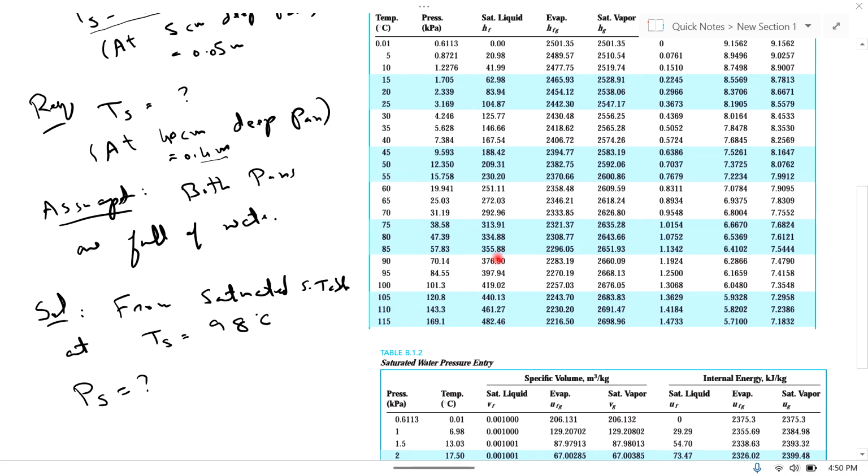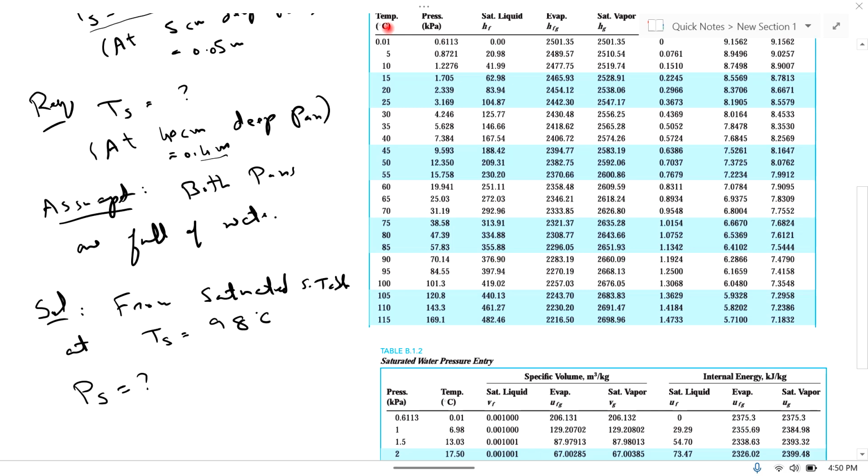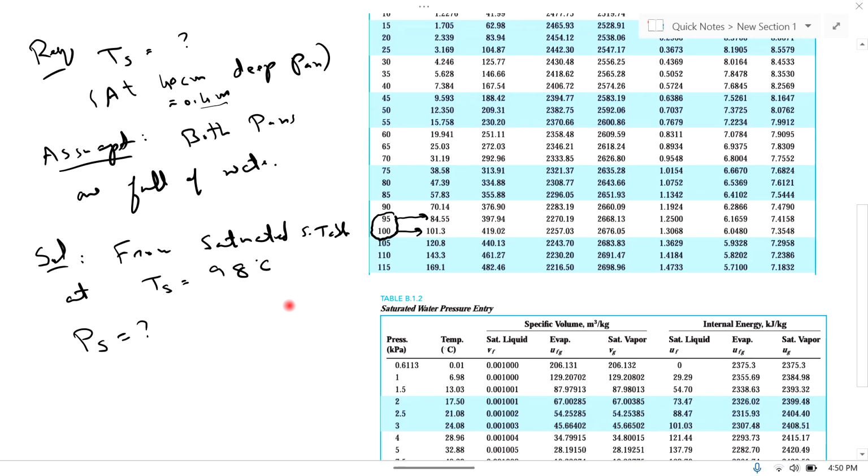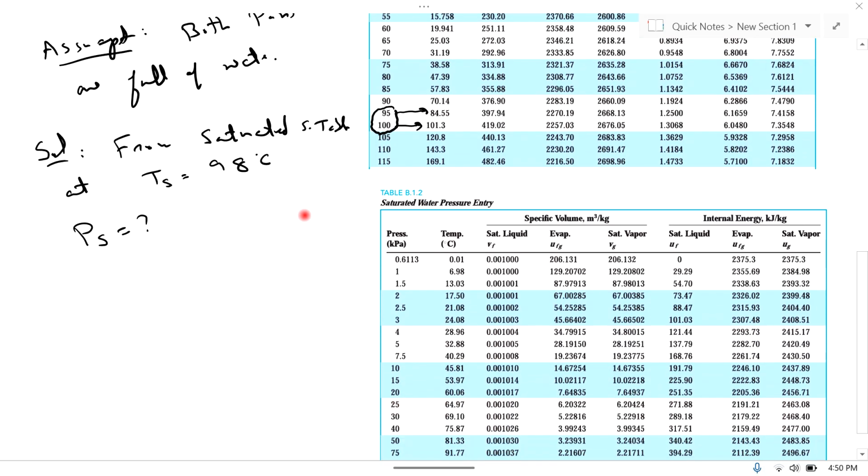If we check the temperature column, the values are 95 and 100. 98 is not available here. So at 95 the saturation pressure is 84.55 kilopascal, and at 100 the saturation pressure is 101.3. So I will interpolate between these two values.